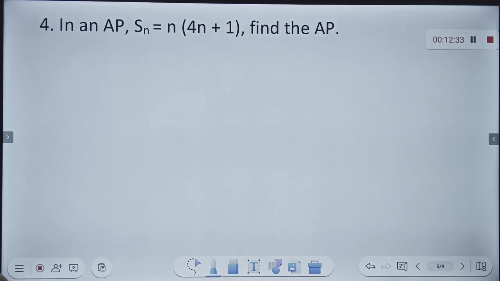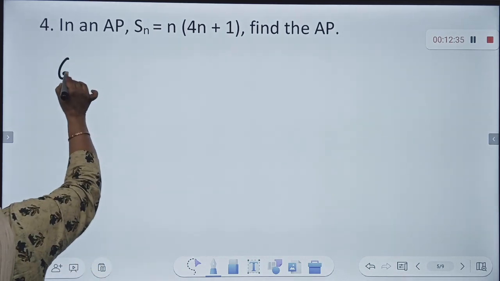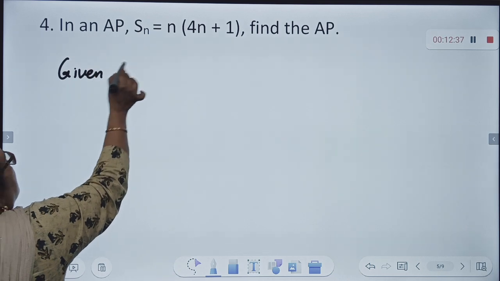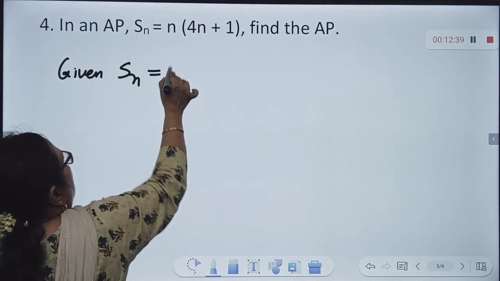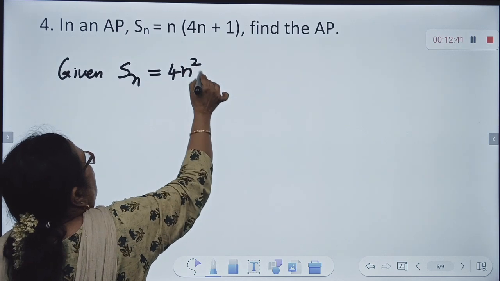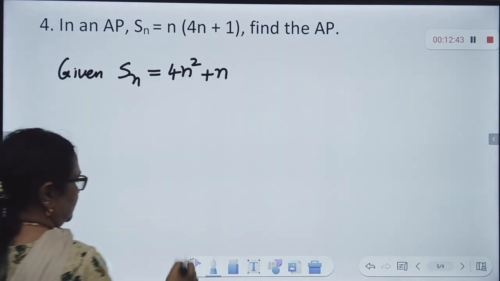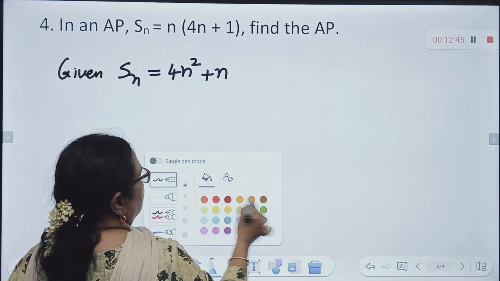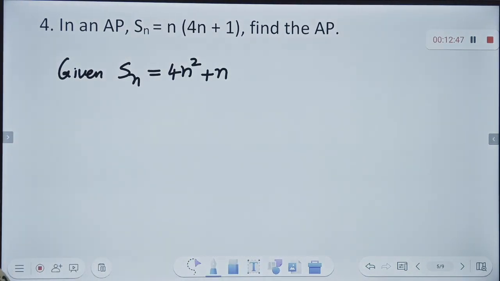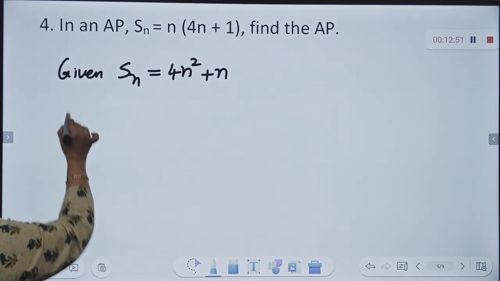Now, in an AP, so again, what are you given? Sn equal to 4n square plus n. Okay, you have to find the AP. So that means I need to know the terms.